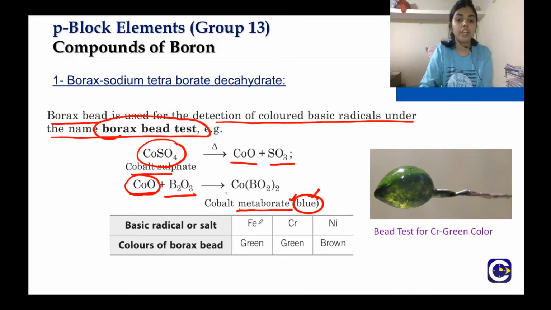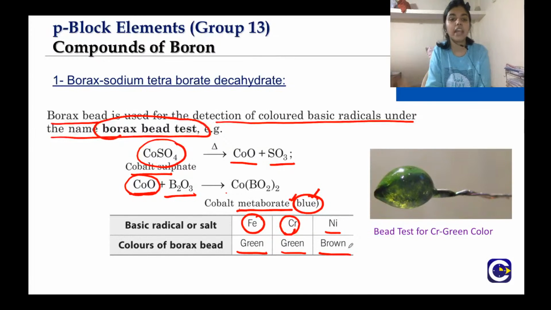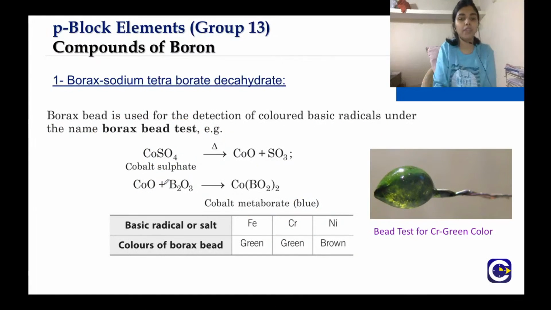Similarly, iron gives iron metaborate, which is green in color. Chromium gives green color. Nickel gives brown color. So these are characteristic colors of different metal ions which can be detected through the borax bead test. Again, I am repeating, for the borax bead test, you need to react B2O3 plus metal oxide, that will give you metal metaborate.